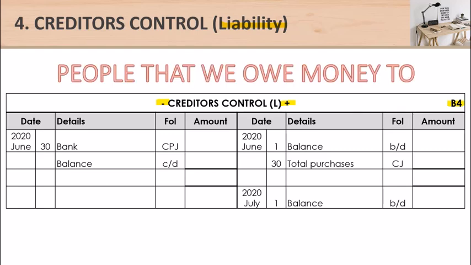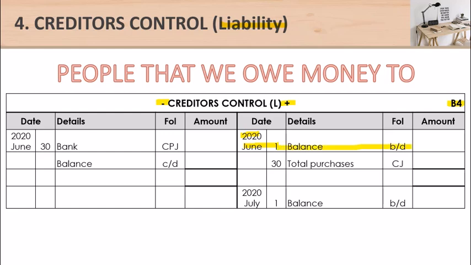Now, I want you to associate this account with people that we owe money to. It's just the opposite of debtors control. Okay, and usually businesses start the month by already owing some of their suppliers money. That is an opening balance, and the opening balance goes to the plus side of the account, on the first day of whatever year and month the question is on.